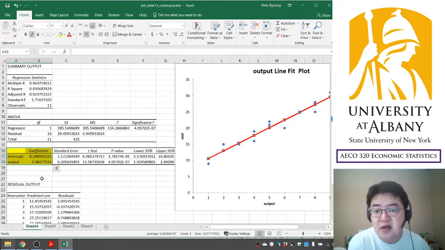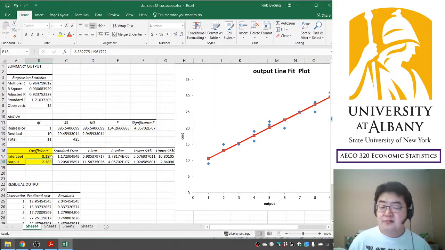So this area shows coefficient estimate. So intercept is estimated to be 8.189, about 8.2, and the coefficient of the output is estimated to be about 2.383.